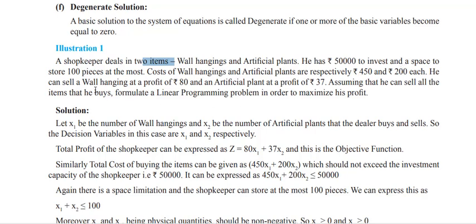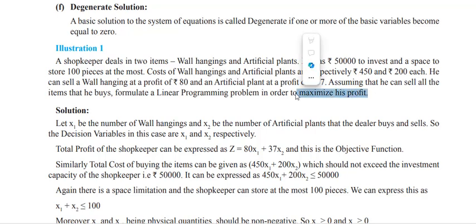He can sell a wall hanging at a profit of rupees 80 and artificial plant at a profit of rupees 37. Assuming that he can sell all the items that he buys, formulate a linear programming problem in order to maximize his profit.